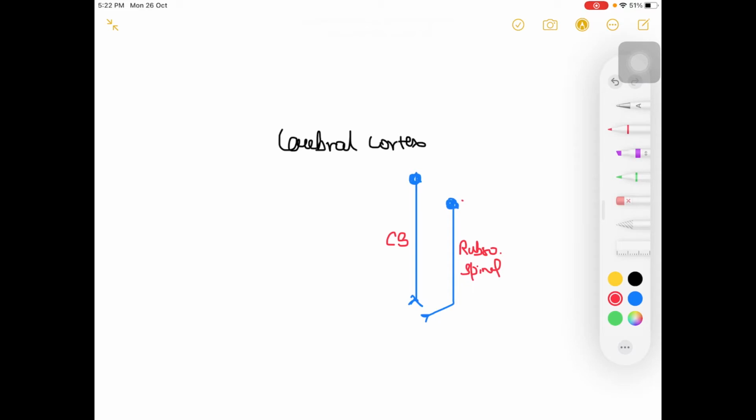So rubrospinal is starting from red nucleus. Okay, so now these fibers that are made above red nucleus, these are nothing but coming from cortex, so cortico, going to red nucleus, cerebral. So these are nothing but corticocerebral fibers.